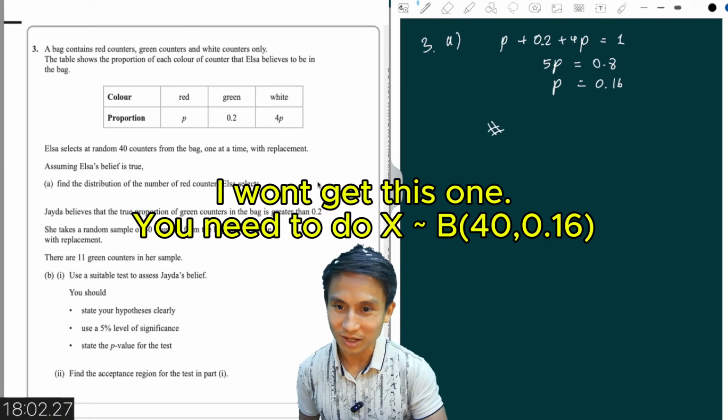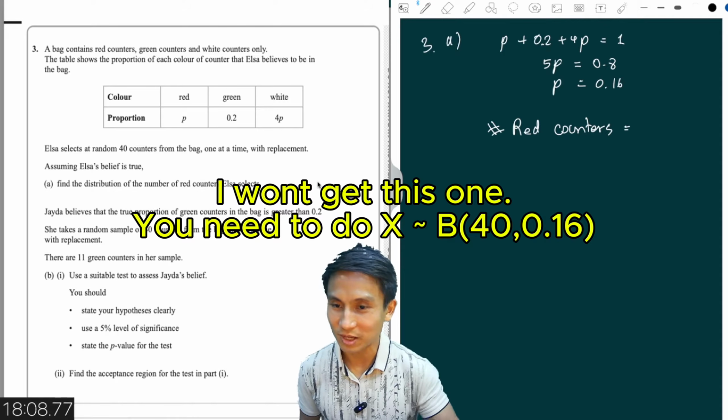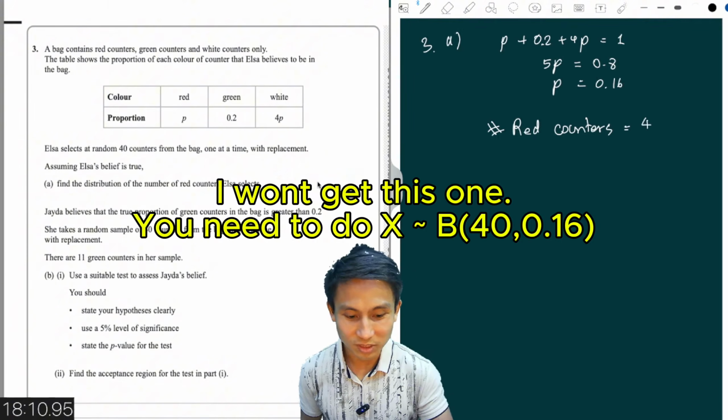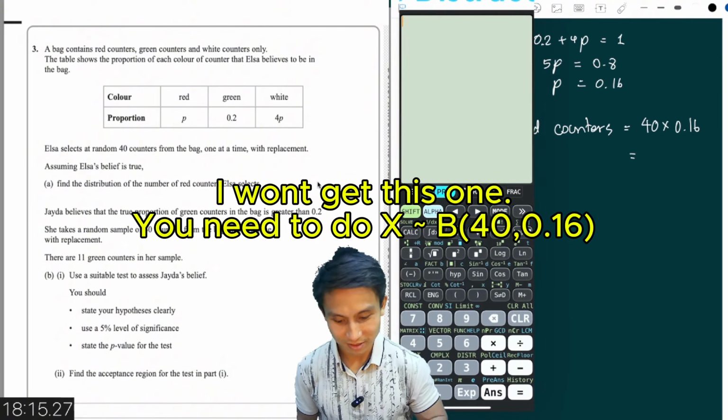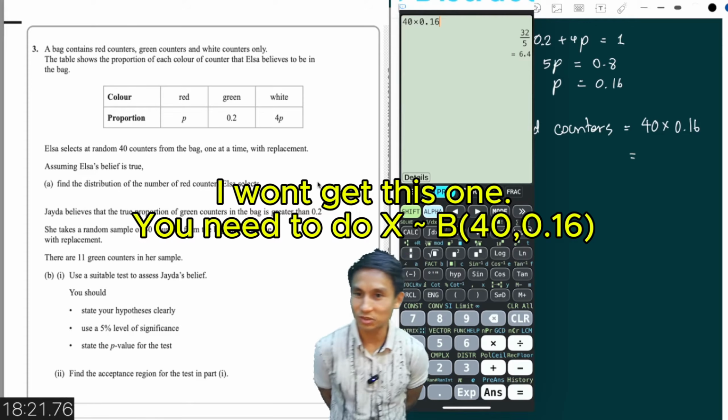So the expected number of red counters at least would be just 40 counters times 0.16. I think that's what it wants. Yeah, at least I'll know later, not now. 6.4, that's the distribution.